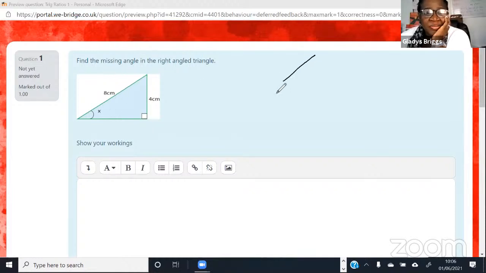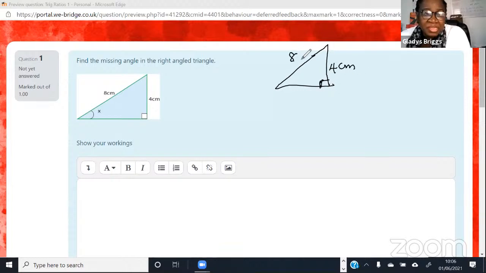So this is the triangle that you have. Now remember we're dealing with right angled triangles for Pythagoras and trig. So you have 4 centimeter on here.